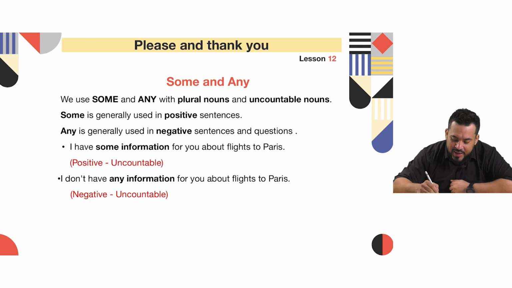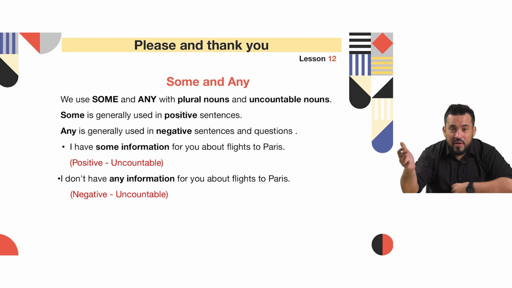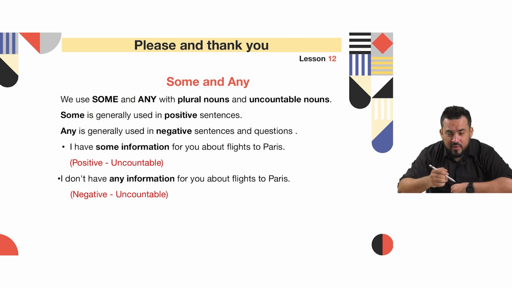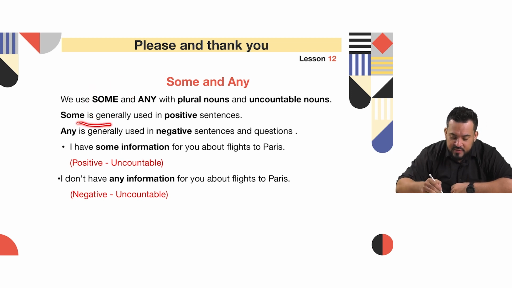Now let's take a look at some and any. We use some with positive sentences while we use any with negatives and questions, okay? But some has also some other uses. Some is generally used in positive, any is used in negatives and questions. Like, I have some information for you. This is a positive, uncountable noun.